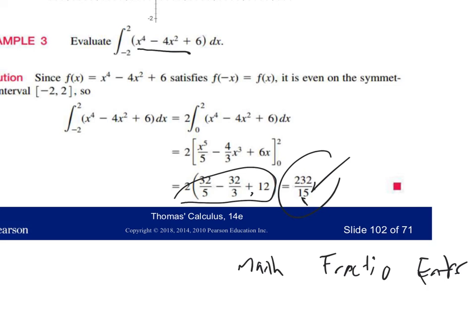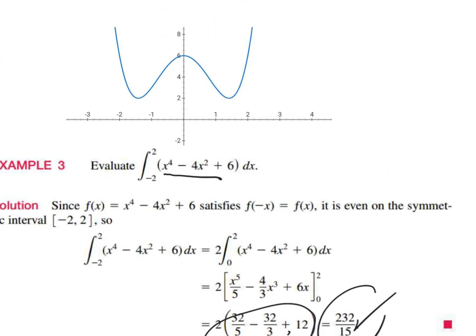Back to this picture here. What did we find? From -2 to 2, that was the area bounded by that curve. It actually is between two functions, though, because the other function is y equals 0.